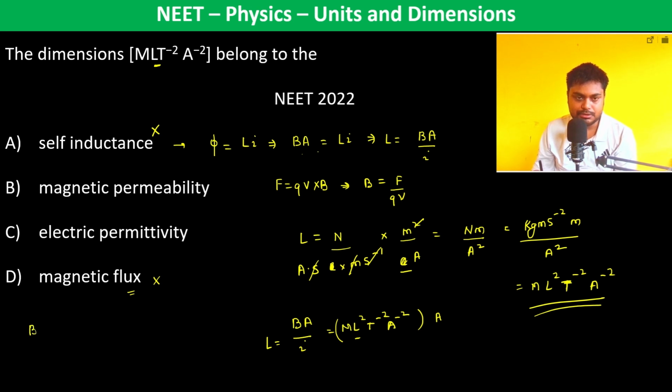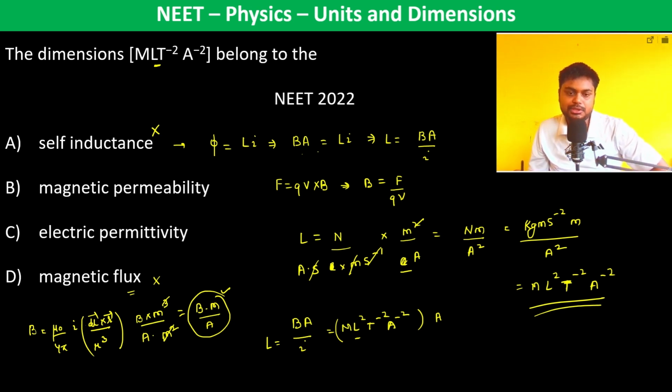By the Biot-Savart law, the magnetic field is equal to mu naught by 4 pi I dl cross r by r cube. So again, this is B into meter cube divided by ampere into meter square. That is gone. So this is B into m by A.